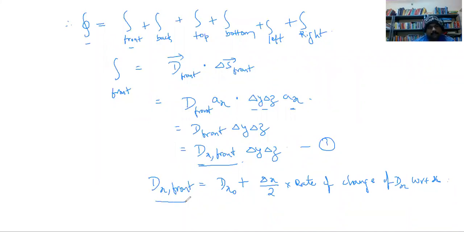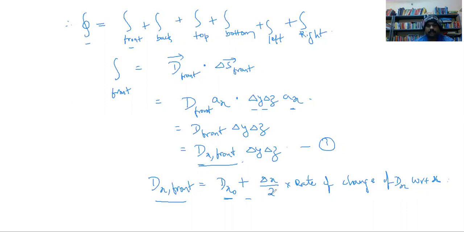So the flux at the front surface is nothing but the flux at the point P, which is at the middle of the parallelepiped or the differential volume element, plus delta x by 2. Why by 2? Because the point P is exactly at the middle, into rate of change of Dx with respect to x. So Dx naught is the flux density at the point P, and it is changing at the rate of Dx, and how much has it changed?